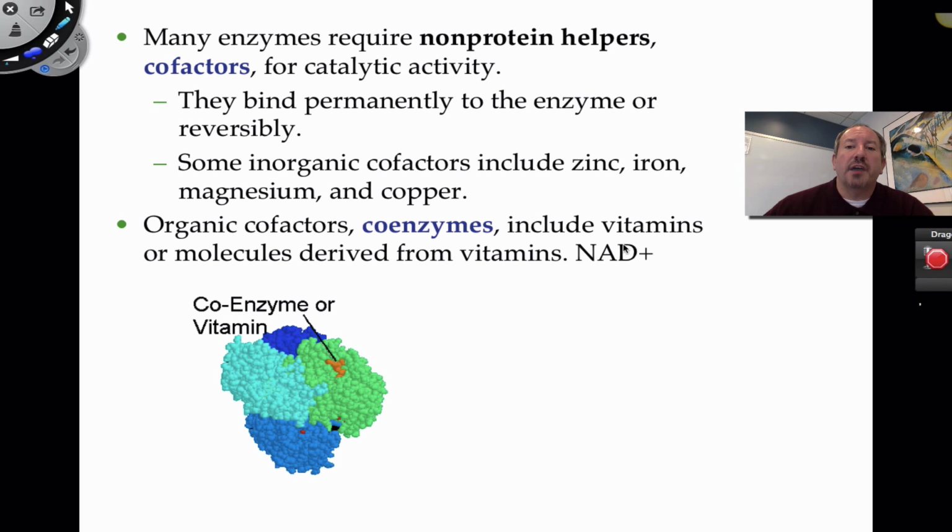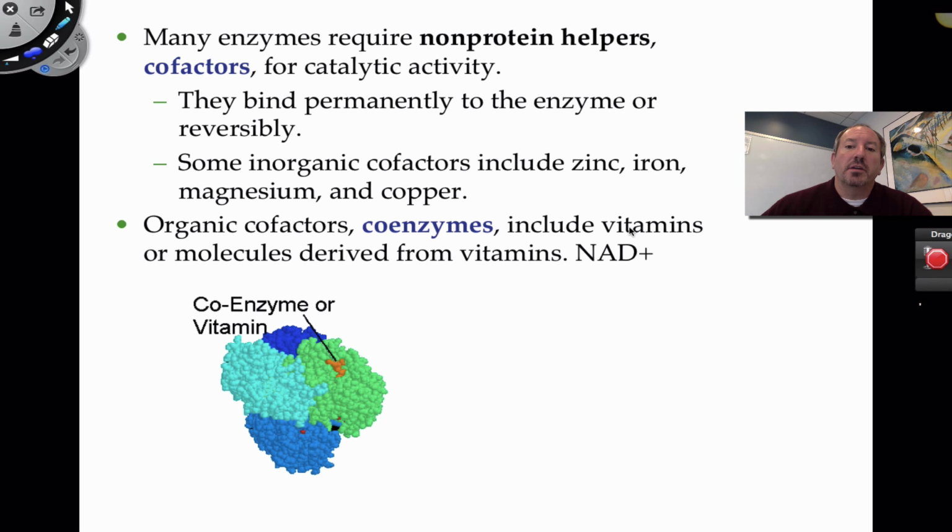As it turns out, one of the coenzymes that is extremely important in biology, in terms of the pathways and metabolism having to do with cell respiration, is called NAD+. It's a big name: nicotinamide adenine dinucleotide.